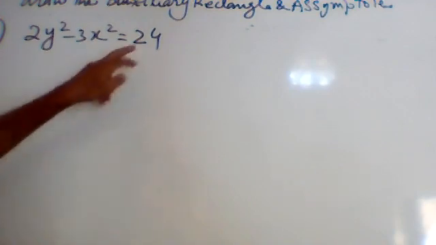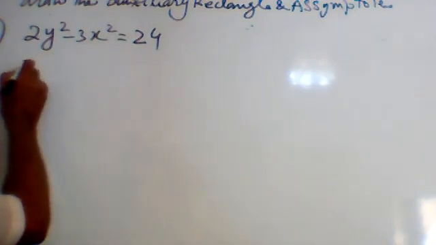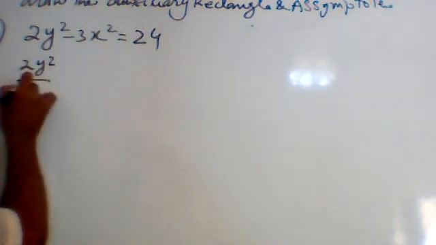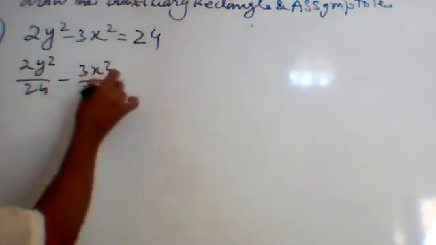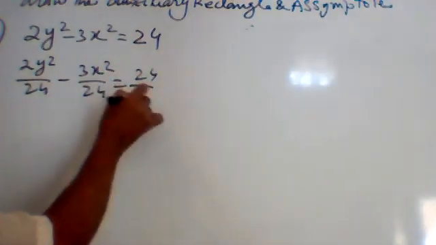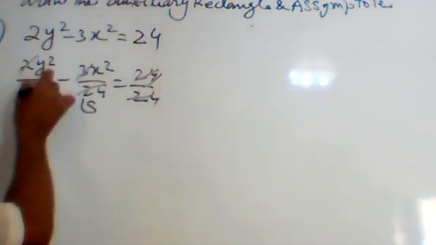So by dividing by 24, 2y square upon 24 minus 3x square upon 24 is equal to 24 upon 24. It will become 1, 8, 12.